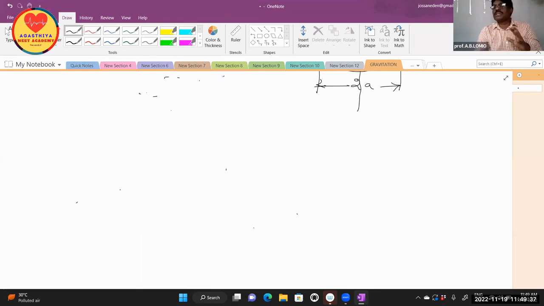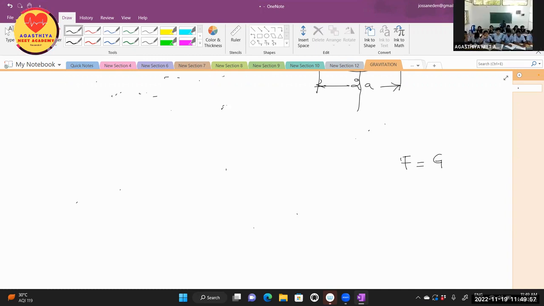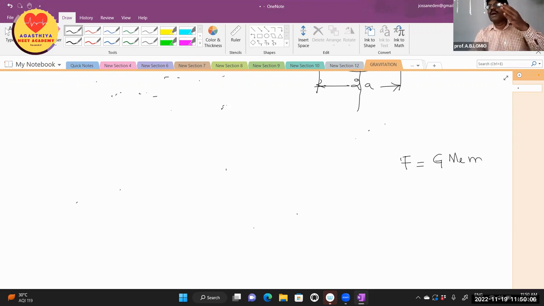Now we are going to discuss the variation of acceleration due to gravity depending upon the height or position. Understand? Actually, F is equal to, what is the formula? G, applied between the earth and the mass: G M_E small m divided by r square.